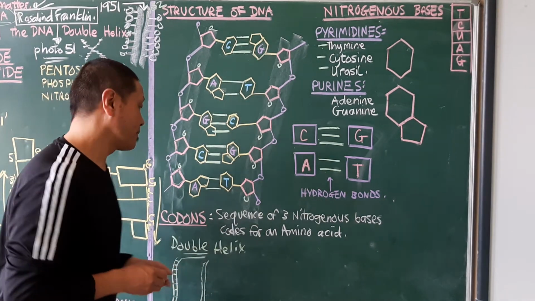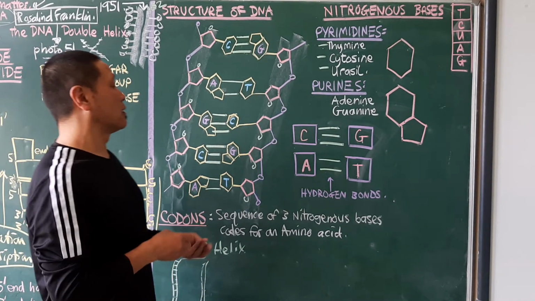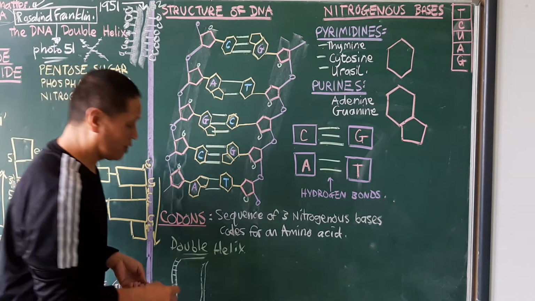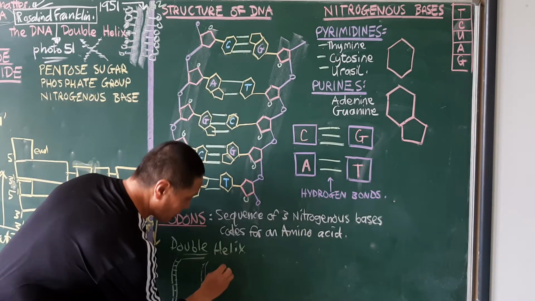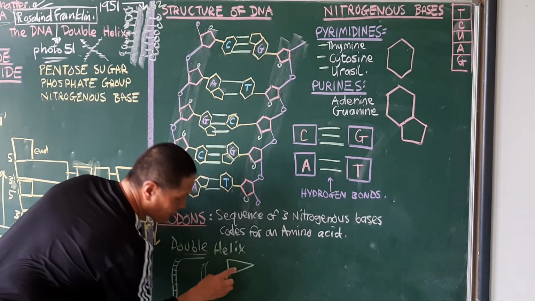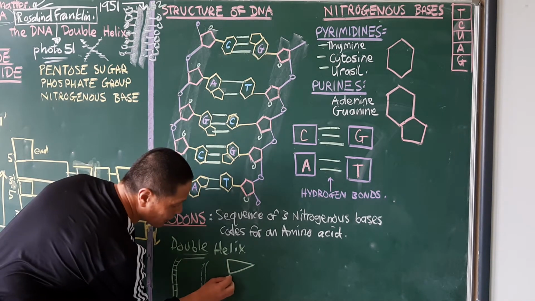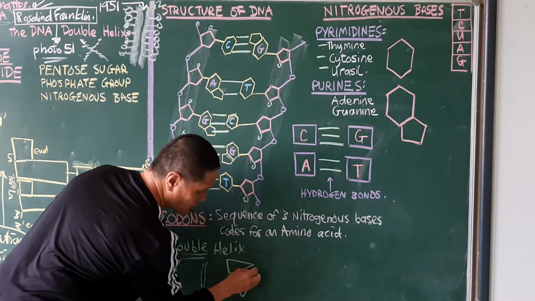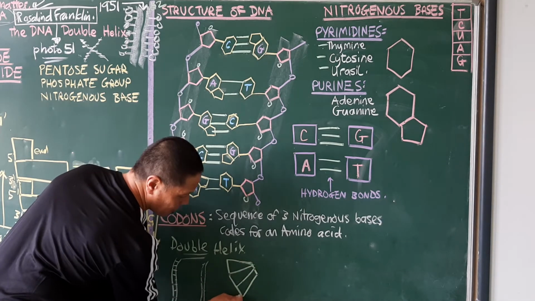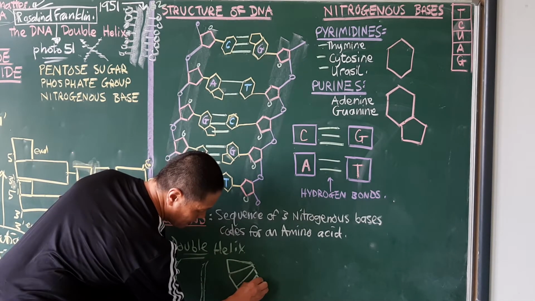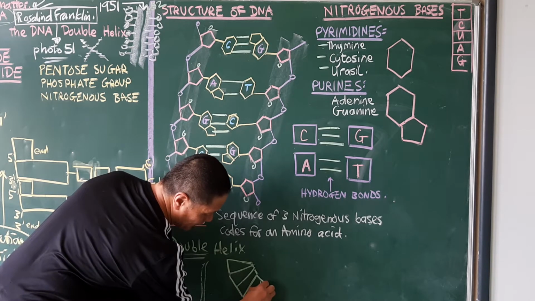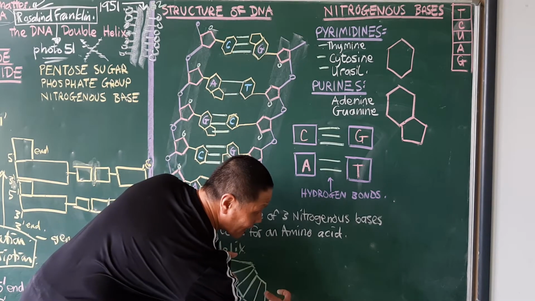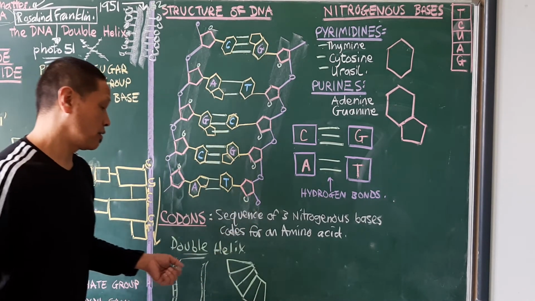Why is it helix? When one nucleotide joins to another, let me give you this example. Let's say this is the shape of one nucleotide, and when another nucleotide joins, it forms a structure like that. When another one joins, it has a narrower end on this side, broader on the other side. So what's happening to this chain is that it is getting twisted because of the shape.